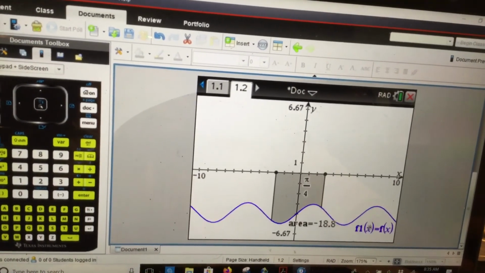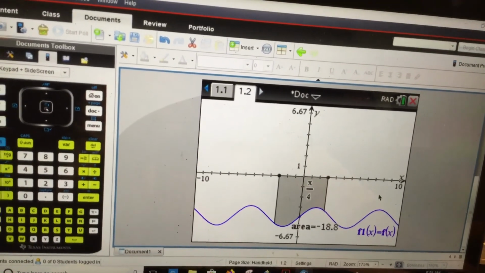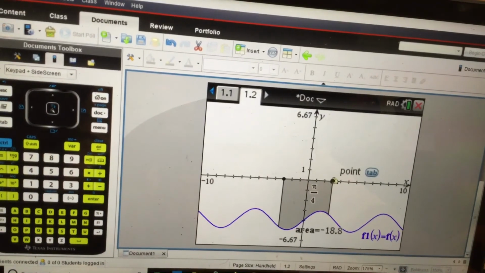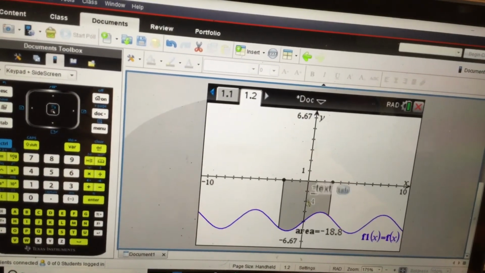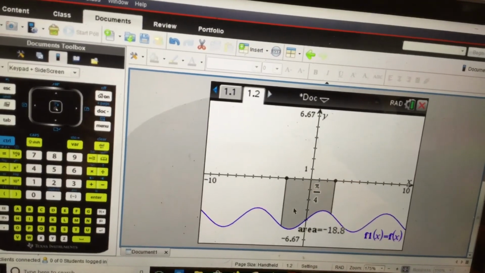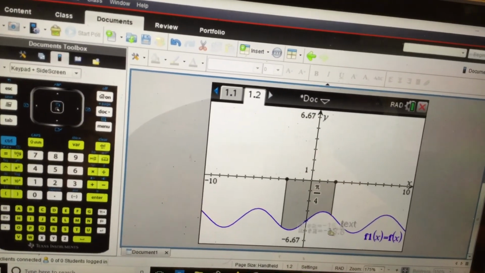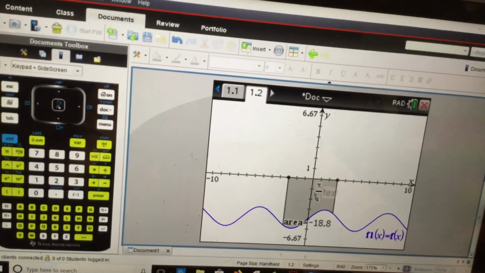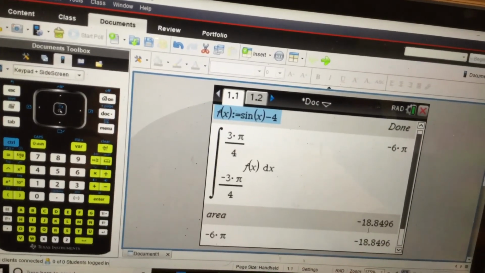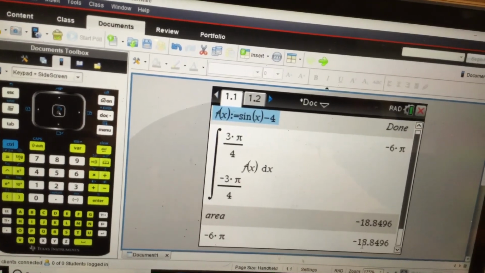It's just the sine x translated 4 units down. There's going from negative 3 pi over 4 to positive 3 pi over 4. And we're talking about this area underneath the curve, or between the curve and the x-axis, which is definitely negative. The calculator here estimates it at negative 18.8, but you can see that that is the exact same value as negative 6 pi.